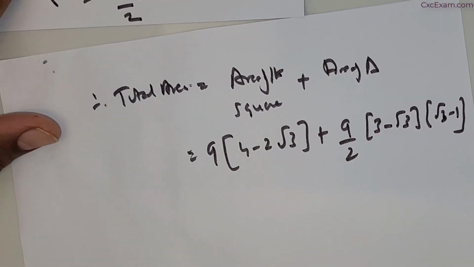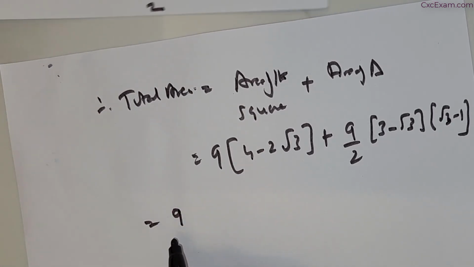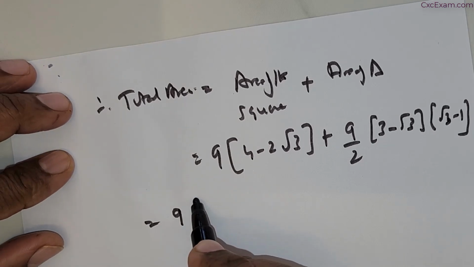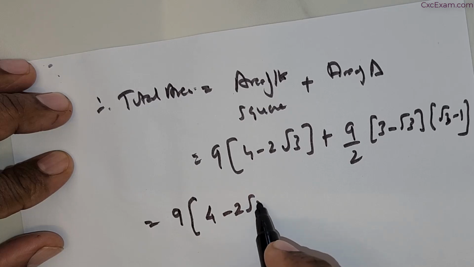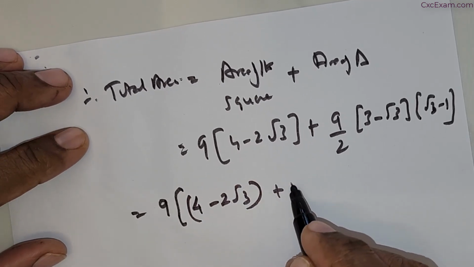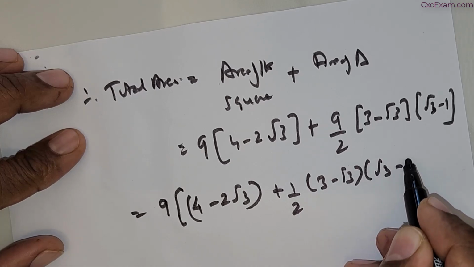So we need to simplify this. I wish to take 9 out. If I'm taking 9 out, this is going to give me 4 minus 2 times the root of 3 plus 1 over 2 times 3 minus root of 3 times the root of 3 minus 1.